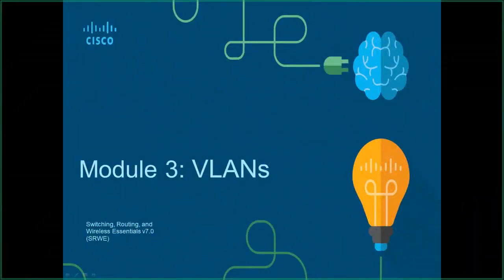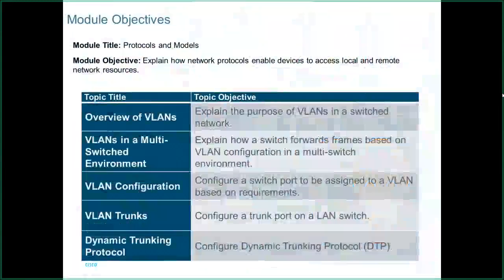And welcome to chapter 3, which is VLANs. So basically today we'll be talking about how we segregate a switch into virtual networks, giving us control on how layer 2 traffic behaves.